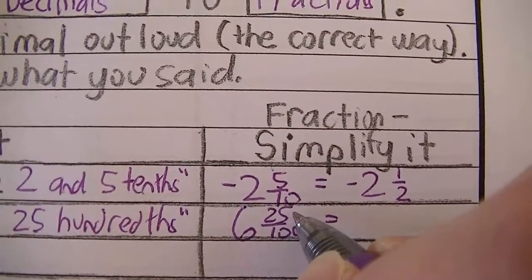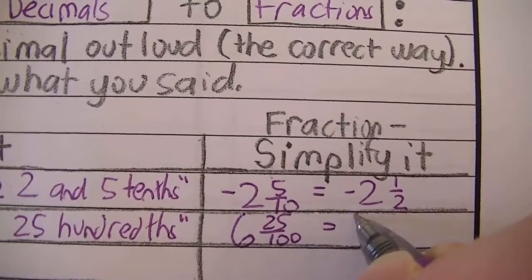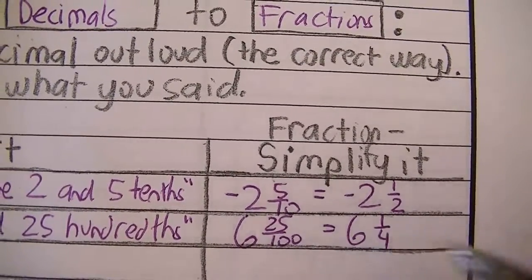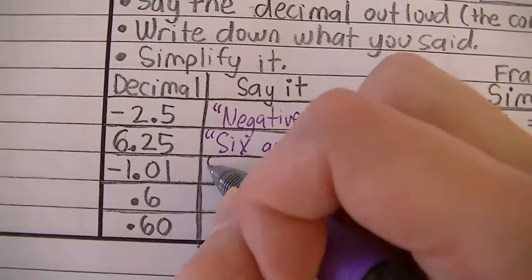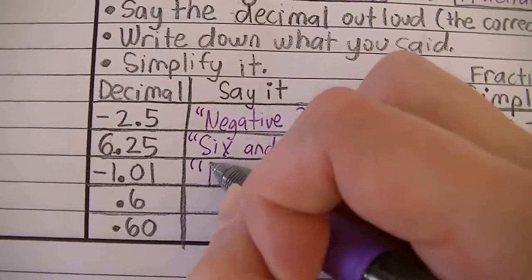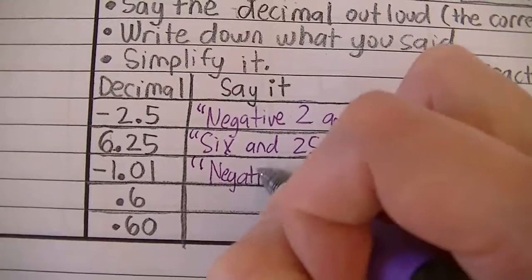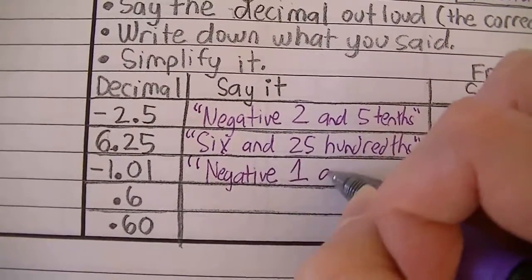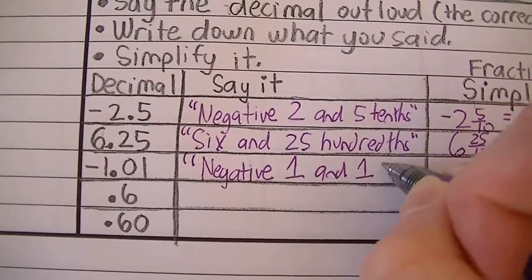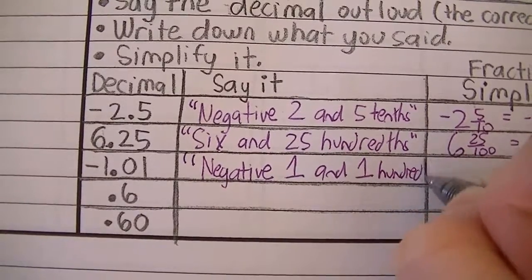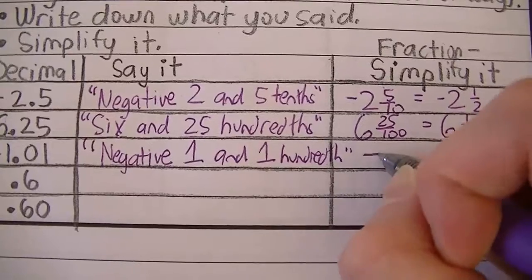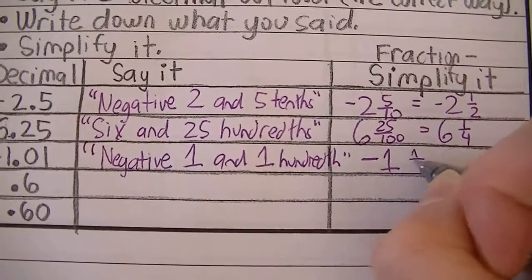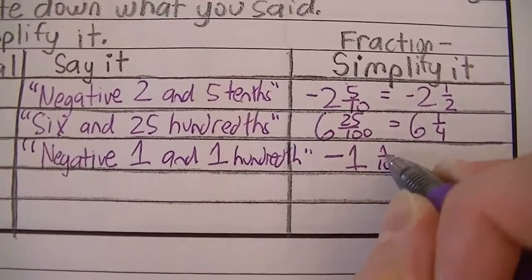So this would divide by 25, divide by 25. It'd be 6 1/4. This one is negative 1 and 1/100th. So write down what you said, negative 1 1/100th. That's already simplified.